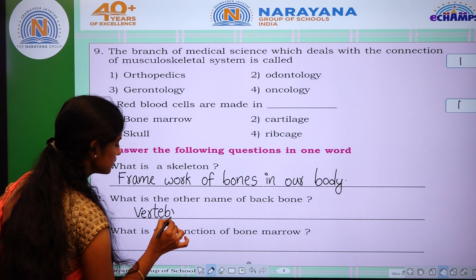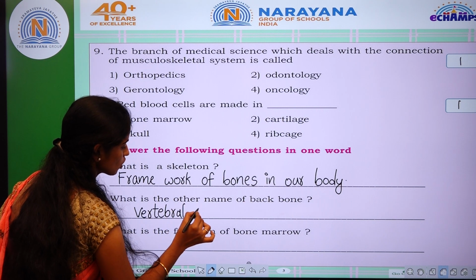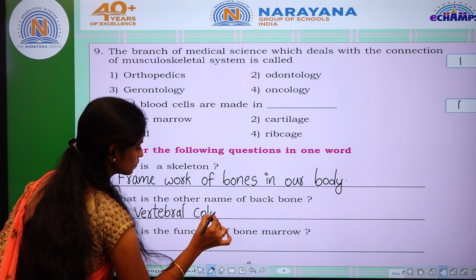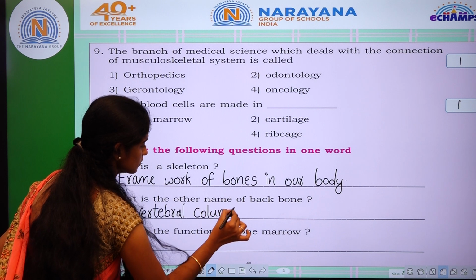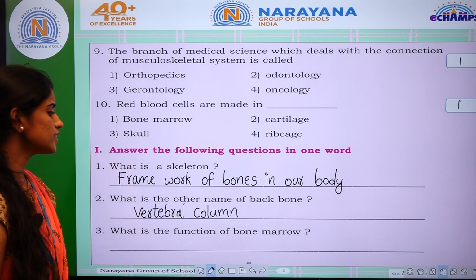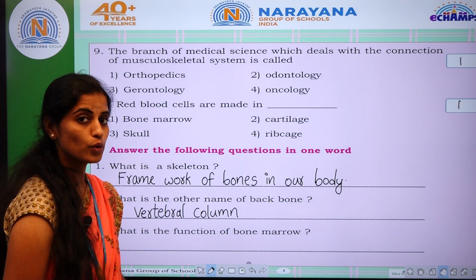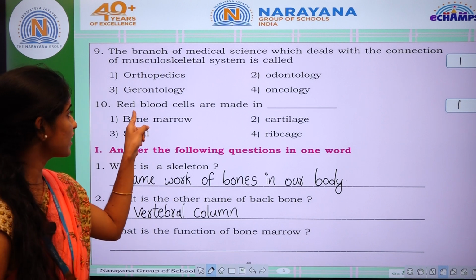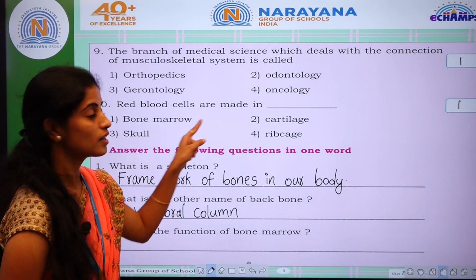Vertebral column. Third question. What is the function of bone marrow? In the previous question we studied where red blood cells are made: in bone marrow.